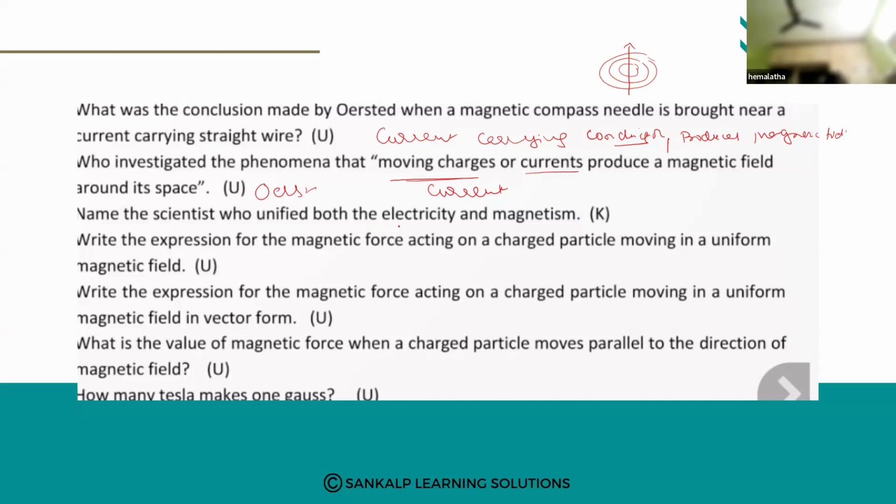So electricity and magnetism are both what? When there is electricity, then a magnetic field exists, and vice versa is also true. When there is a varying magnetic field, then there exists electricity. Okay.